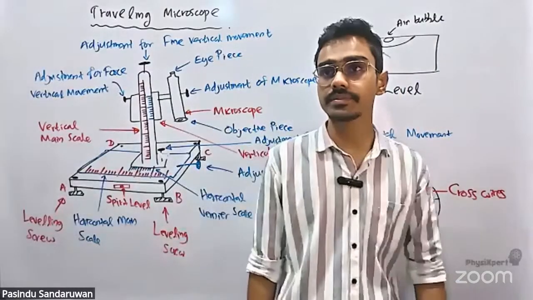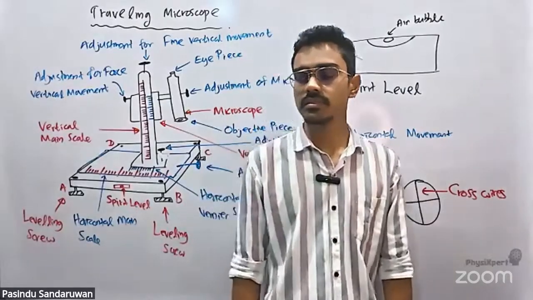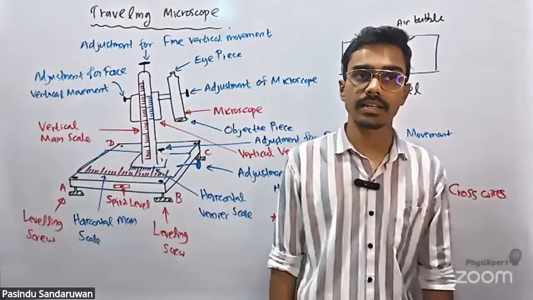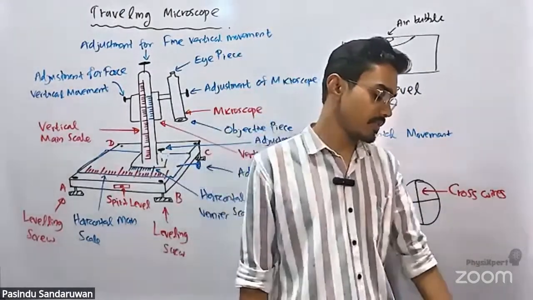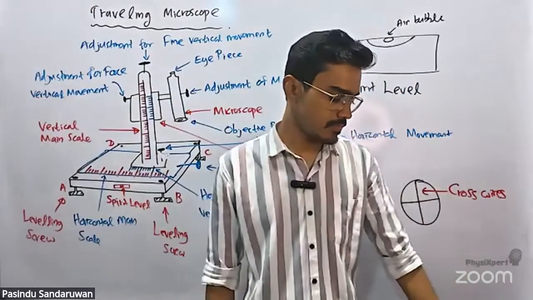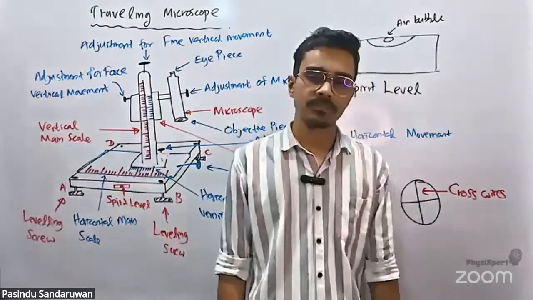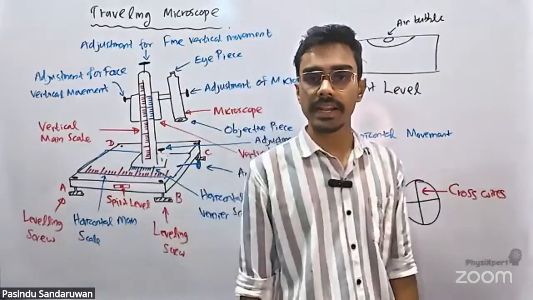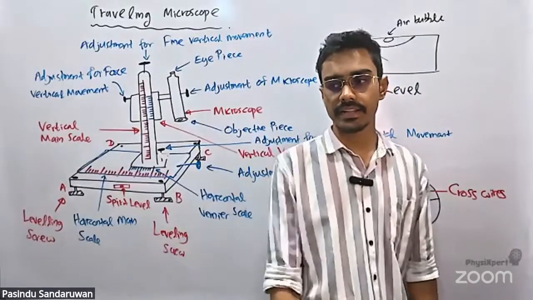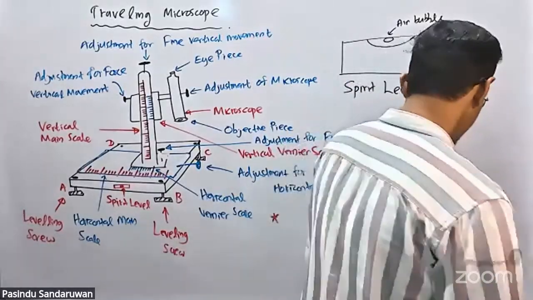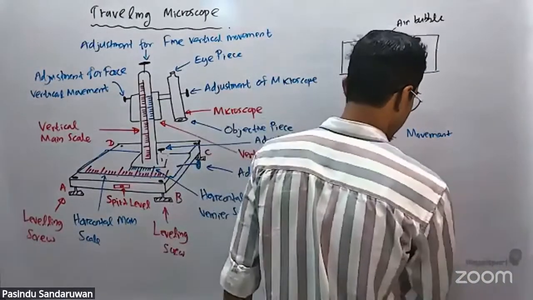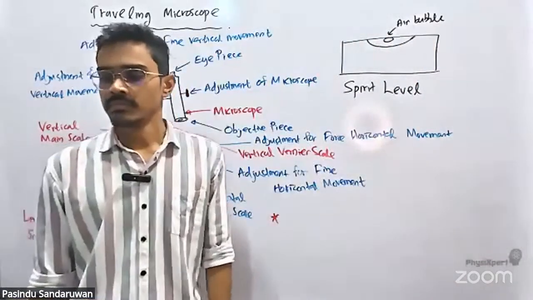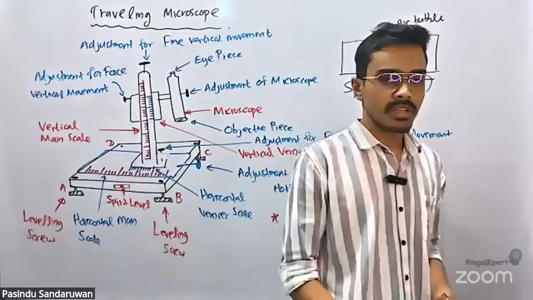Right. Next point. Main scale of traveling microscope is calibrated in half millimeter divisions.